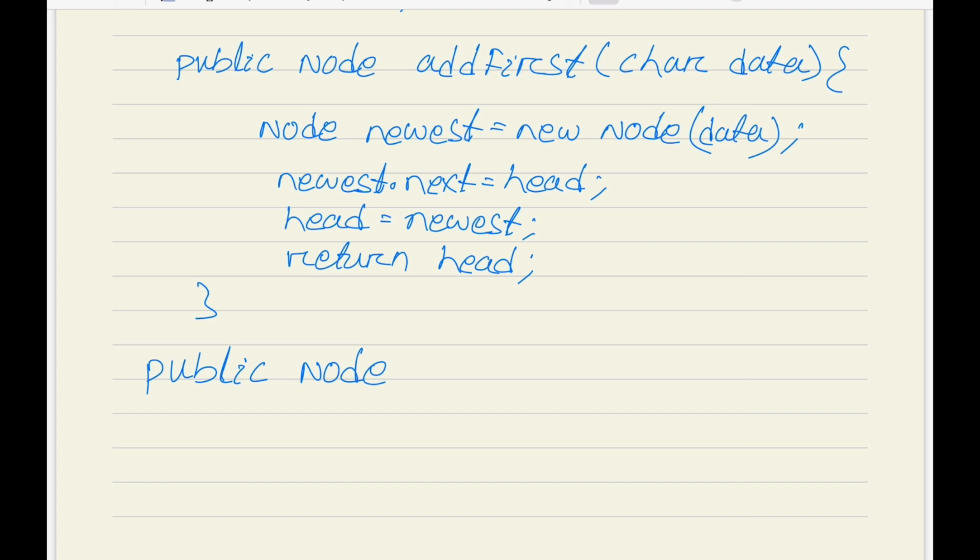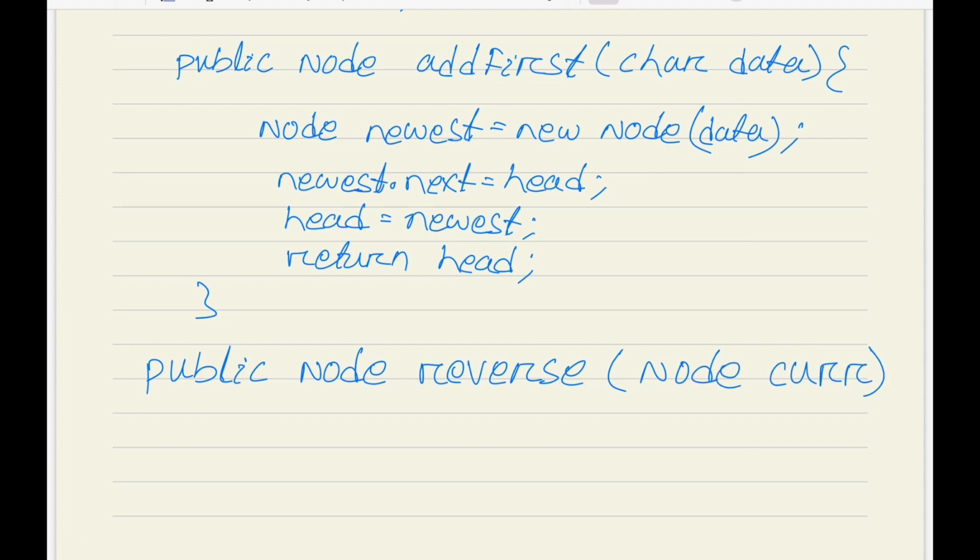So public node, we can write the name of the method is reverse, and it is taking the parameter of type node, and here we are telling that it is current. So for that I am writing curr, or we can say it is going to take the head.